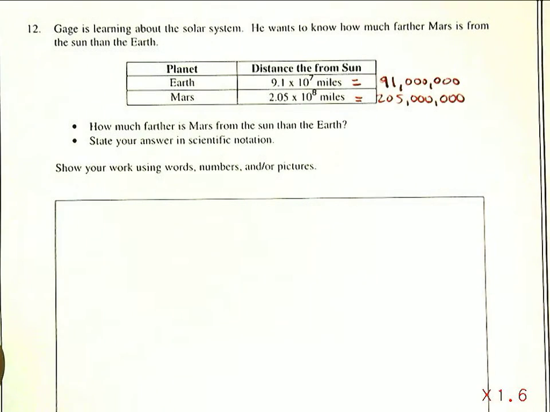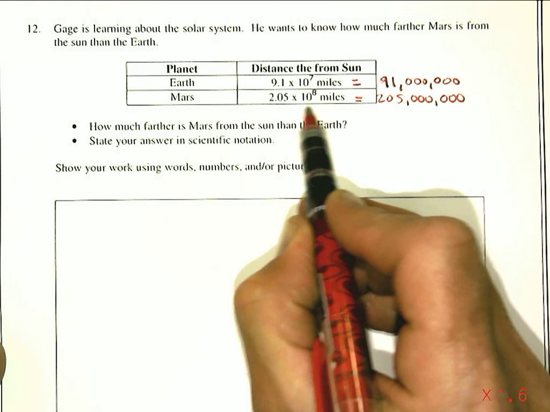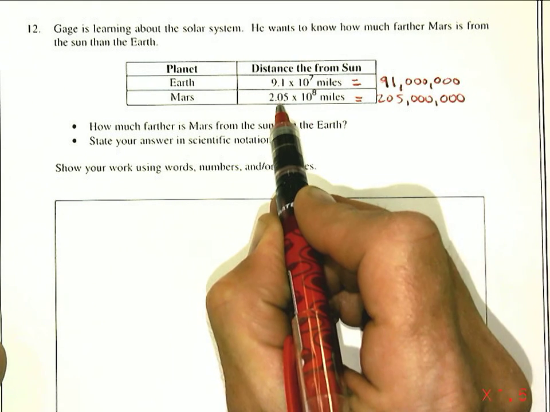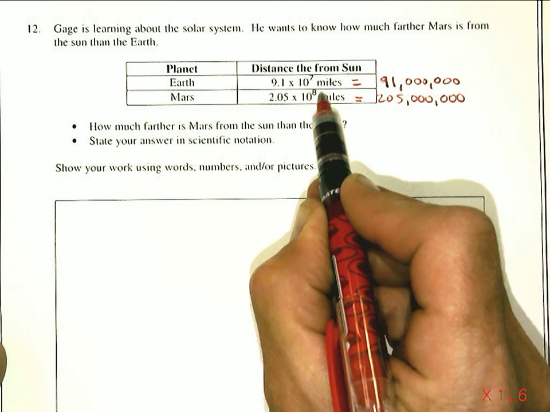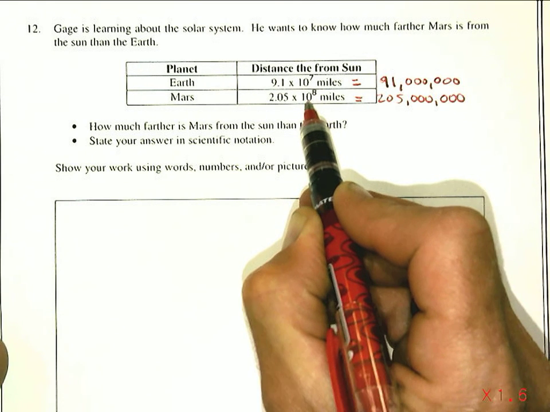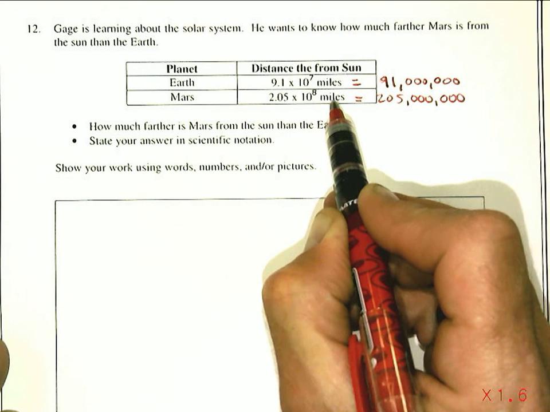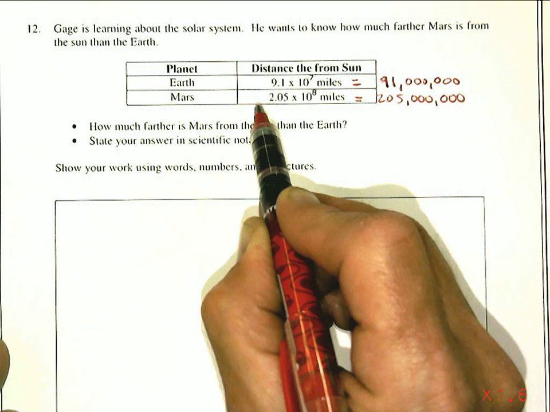So we have these two distances, and again we could look at how this number is found in scientific notation by just looking at the 8. When you multiply by 10 to the 8th power, our number system is a decimal system, so every power is one decimal point move in one direction or the other.